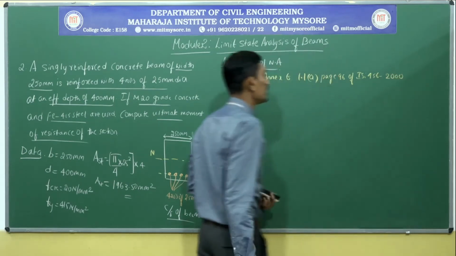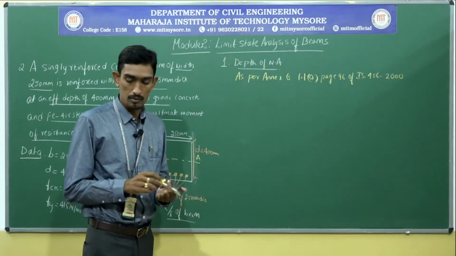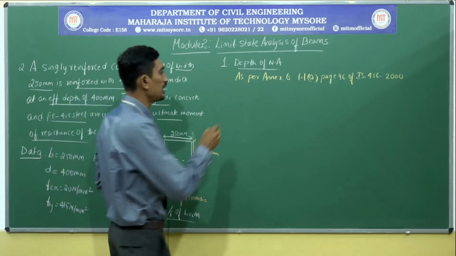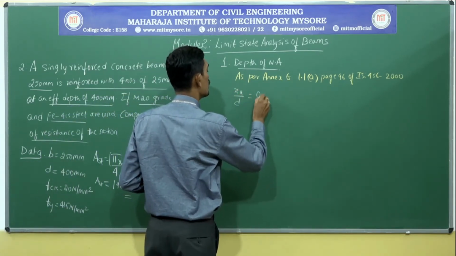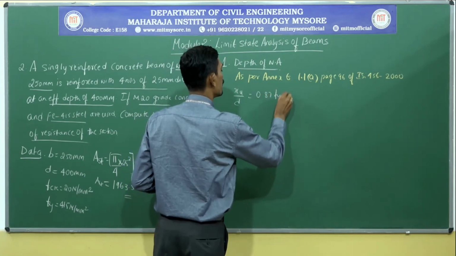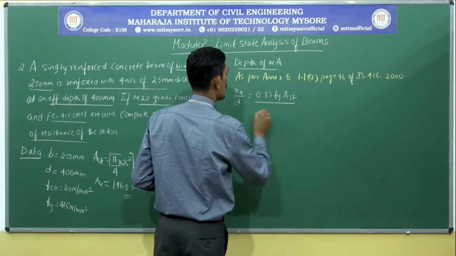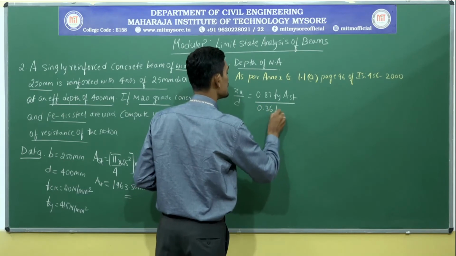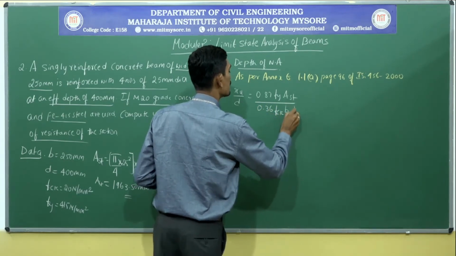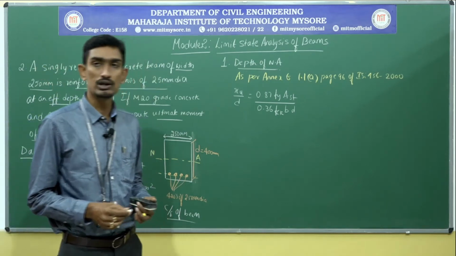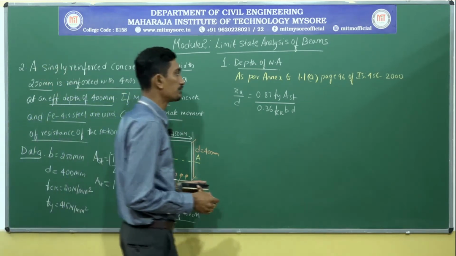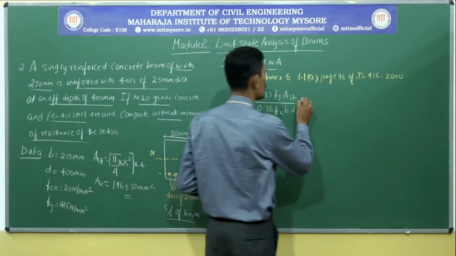They have given the formula: xu by d equal to 0.87 fy into Ast divided by 0.36 fck b d. This is the formula we are going to use to calculate the depth of neutral axis. Let us substitute this.